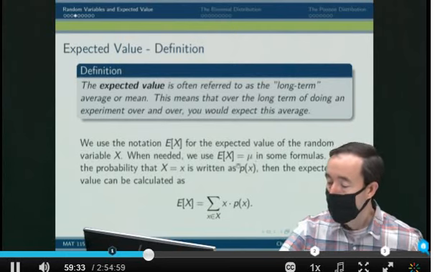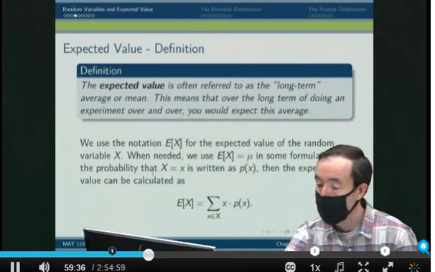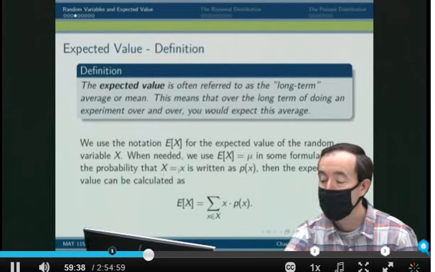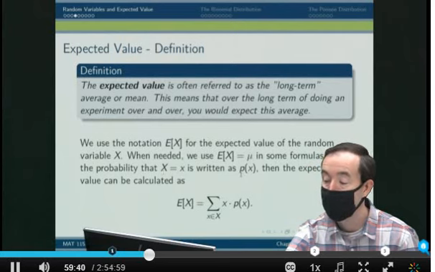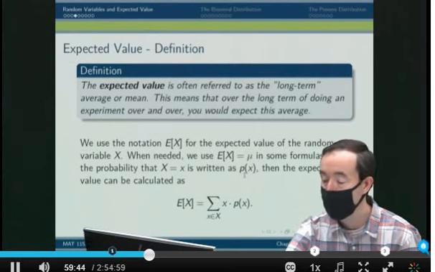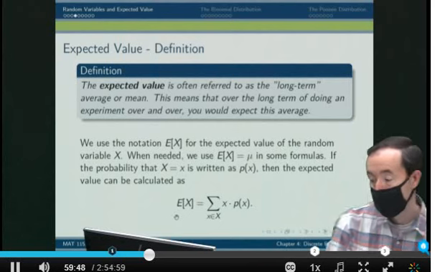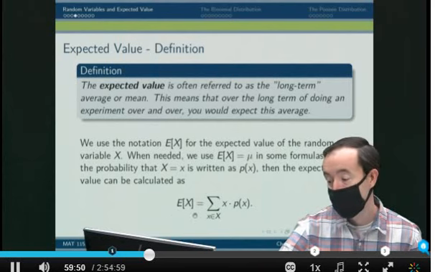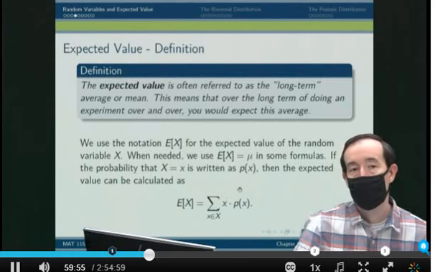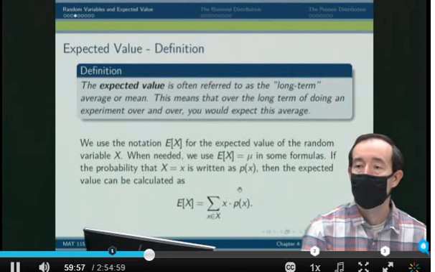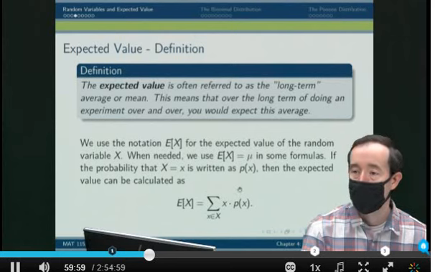Okay. So if I write the probability that x equals x as little p of x, I think of this as the probability of x, just makes it a little easier to write as a formula, then here's the formula for calculating the expected value. The expected value of x is, does anyone know what this symbol is? Right.